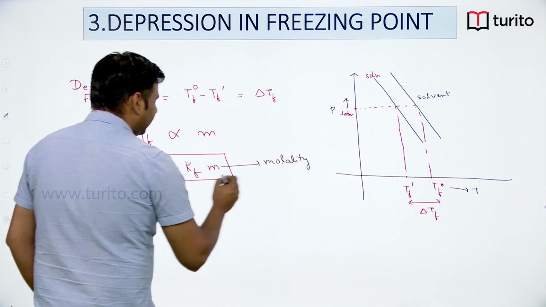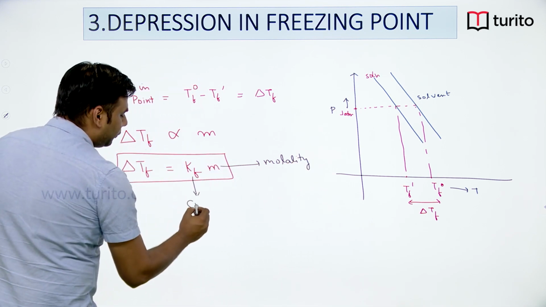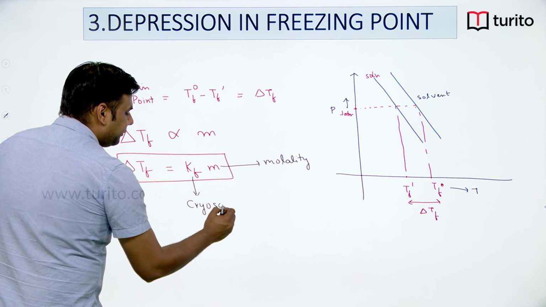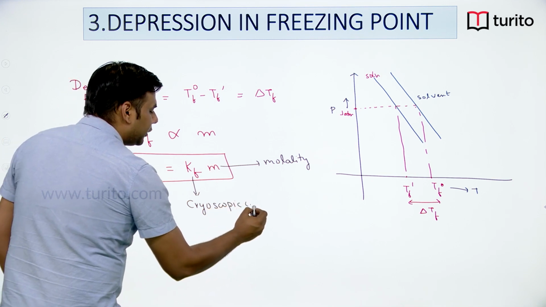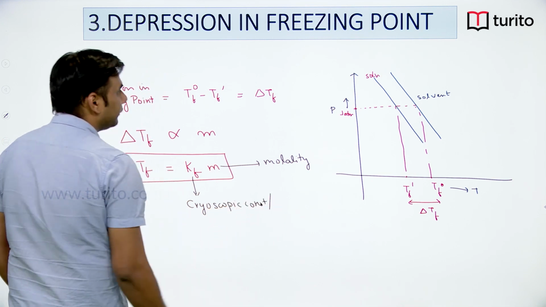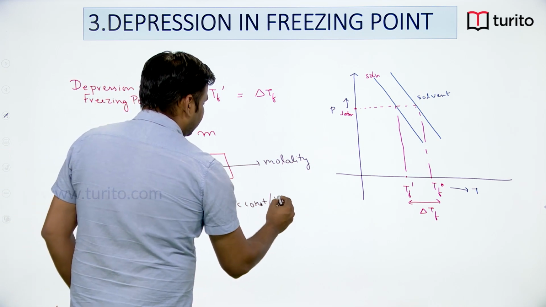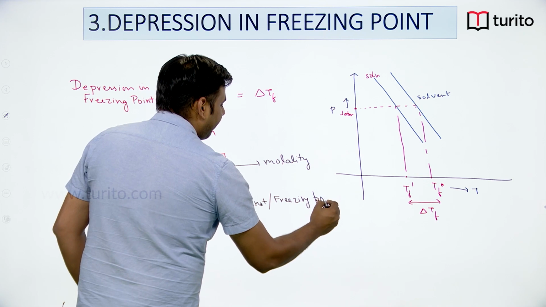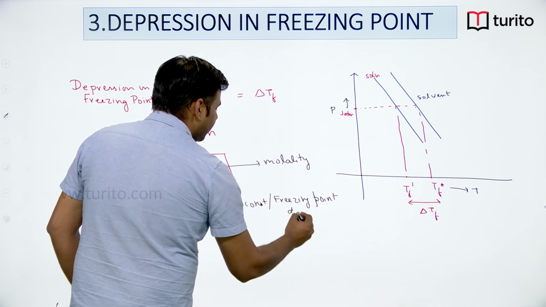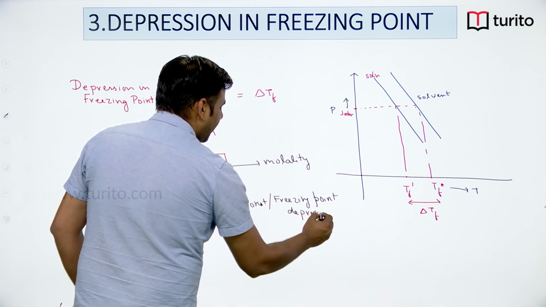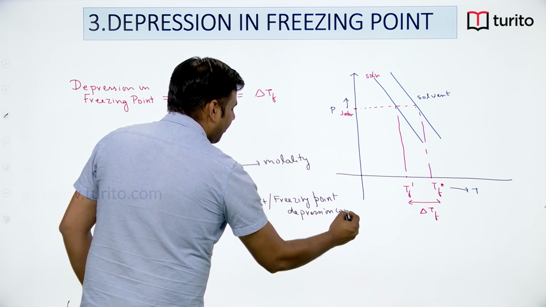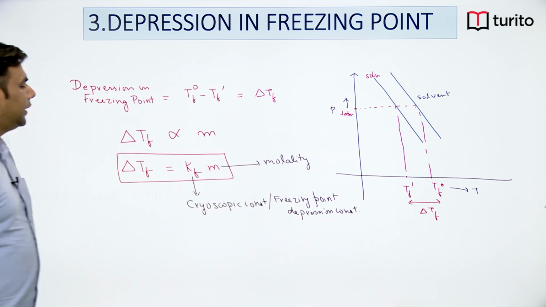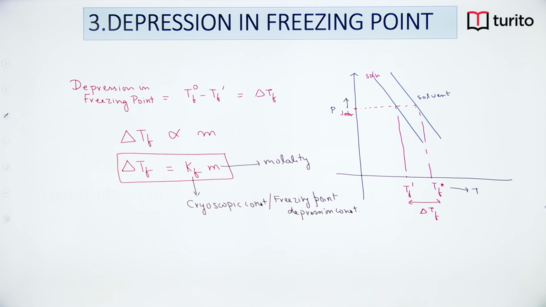Kf is known as the cryoscopic constant, or the freezing point depression constant. Okay, hope this is clear to you, and delta TF is the depression.